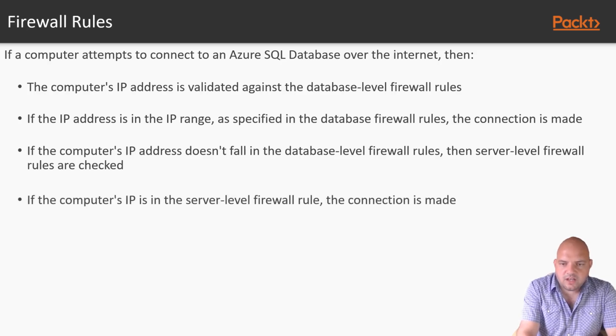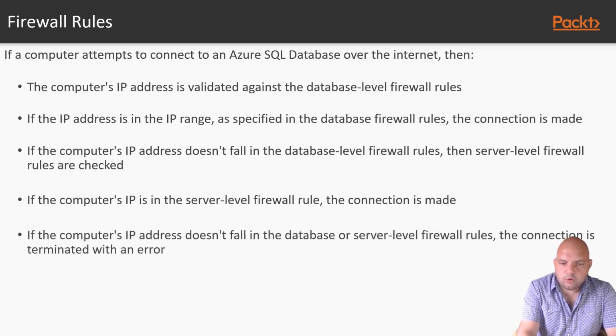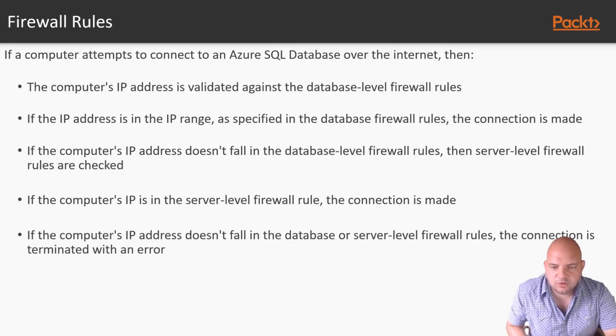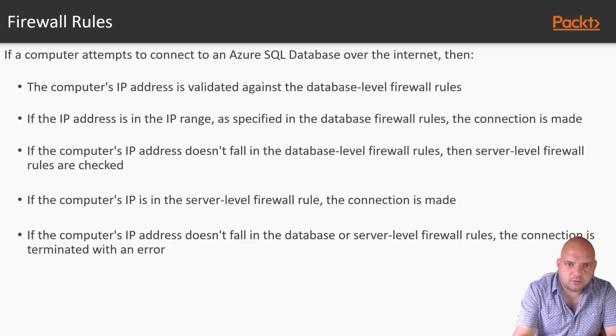If the computer's IP address is in the server level firewall rules, a connection is made. If the computer's IP address doesn't fall in the database or server level firewall rule, the connection is terminated with an unauthorized error. It's worth noting here that to create server level firewall rules, you need to be a subscription owner or a subscription contributor.